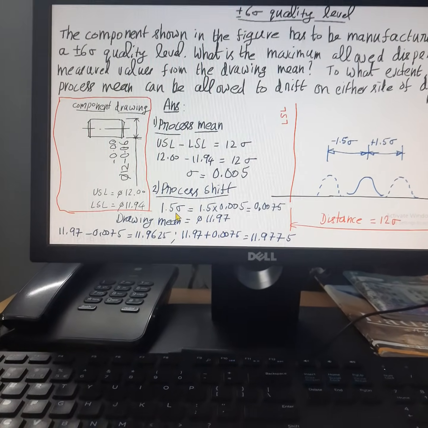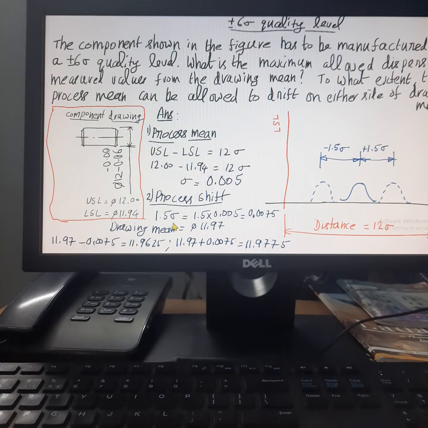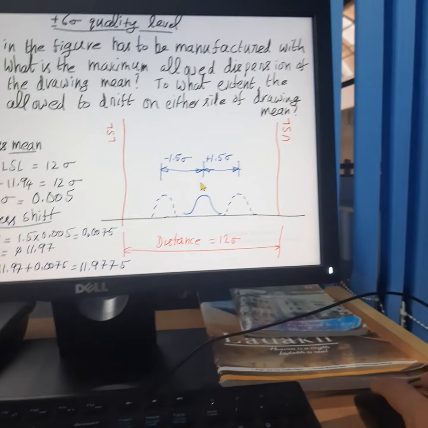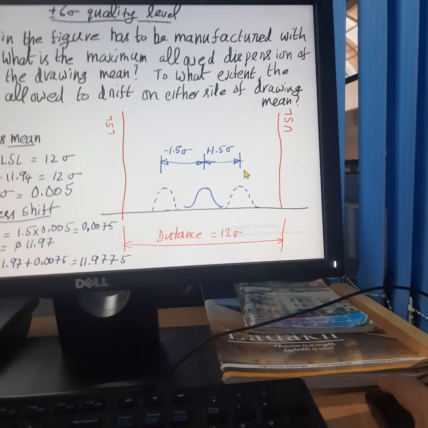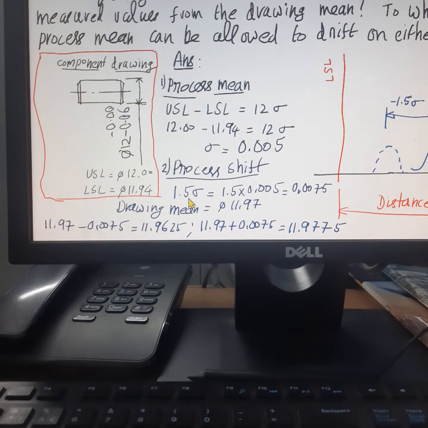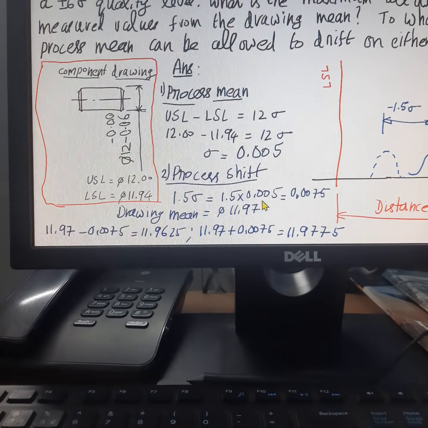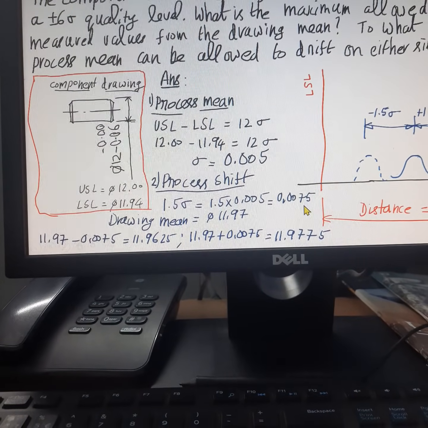And the process shift, it should be limited to what level? As per this graphical representation, the process shift should not be beyond 1.5 sigma on either side. So 1.5 sigma is equal to 1.5 into the sigma value 0.005, which comes to 0.0075.